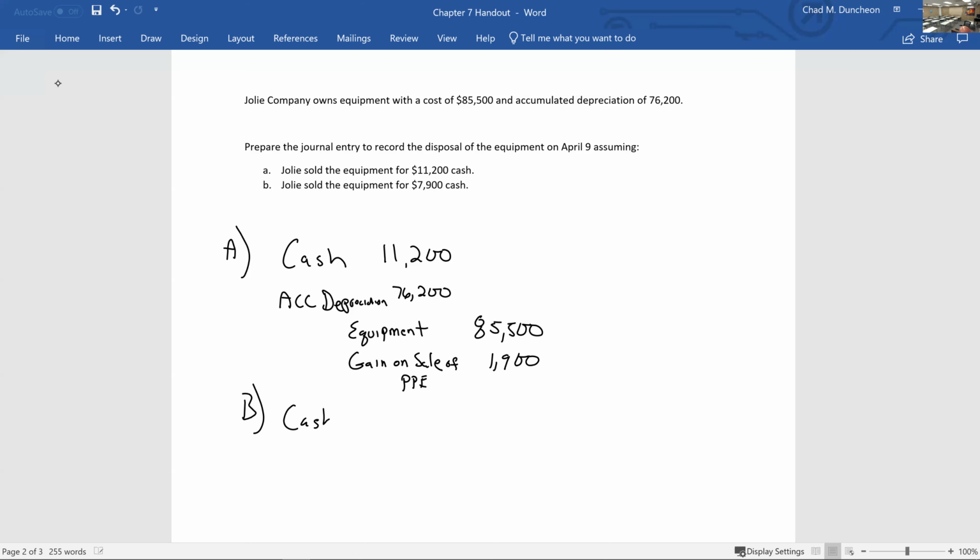So if we look at the second one, we have $7,900 cash received. The accumulated depreciation still has to come off at 76,200. You take the equipment off the books again at 85,500.